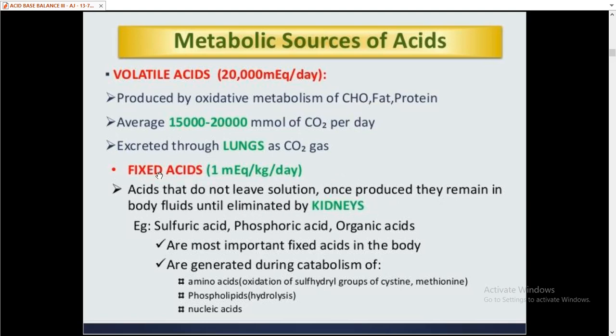These fixed acids are sulfuric acid, phosphoric acid, and organic acids, and they are continuously generated during the catabolism of amino acids, like oxidation of sulfhydryl groups of cysteine or methionine. They are generated in phospholipid hydrolysis and in nucleic acid metabolism.